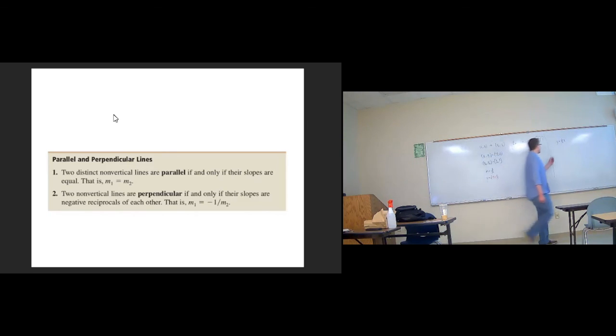If, however, I ask for a line that's perpendicular, well, take the negative reciprocal of the slope, that's going to be -5 times x. That's all you have.